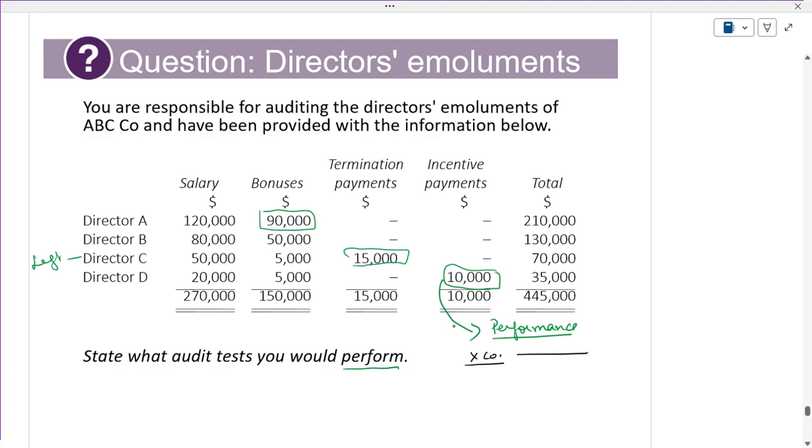Now you are moving from X company to Y company as a director. The Y company will pay you some amount initially.